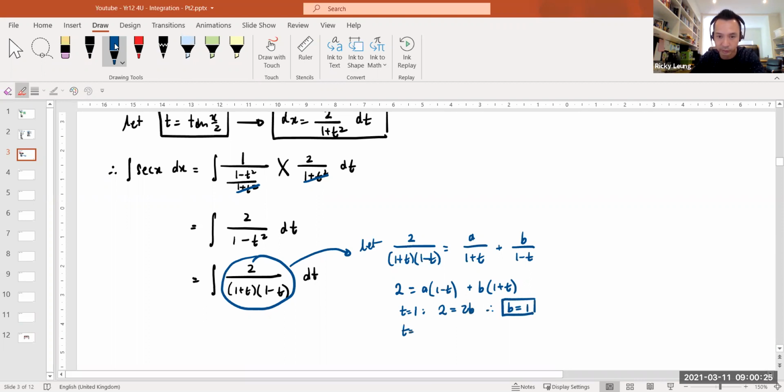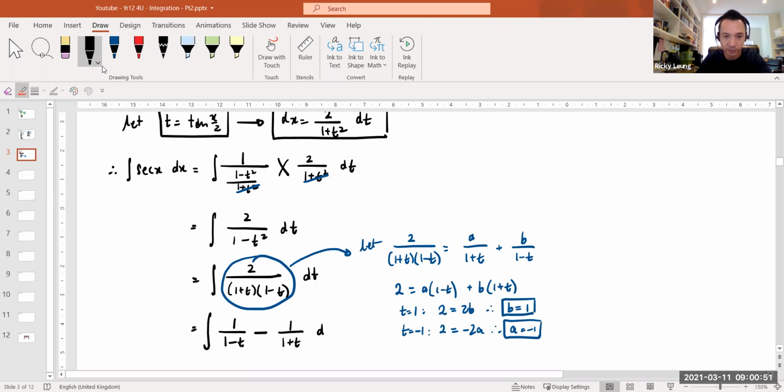When t equals -1 to eliminate the second bracket, I got 2 equals 2a, therefore a is 1. Right, so what that means is this guy gets decomposed where b first, so it'll be 1 on 1 minus t, and then a is 1, so 1 on 1 plus t.